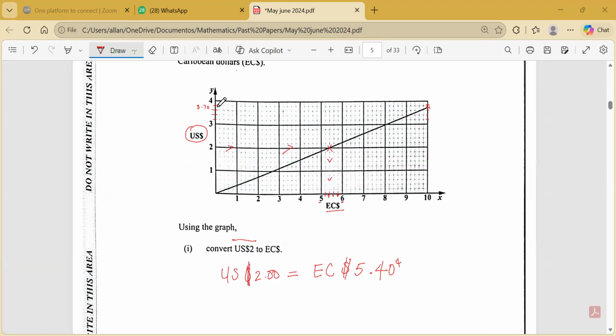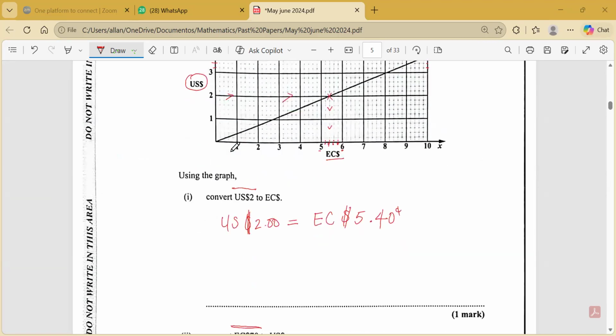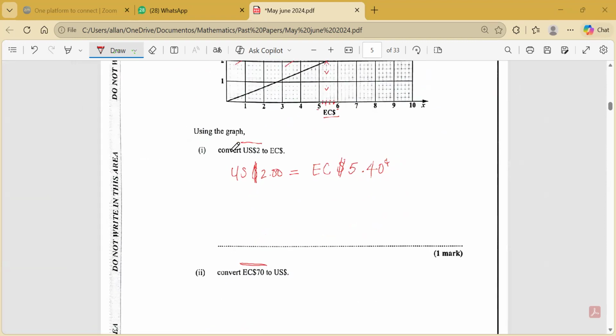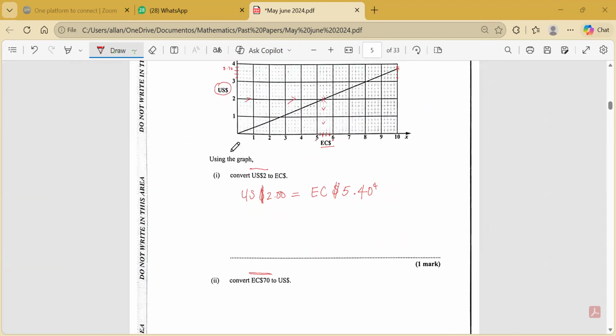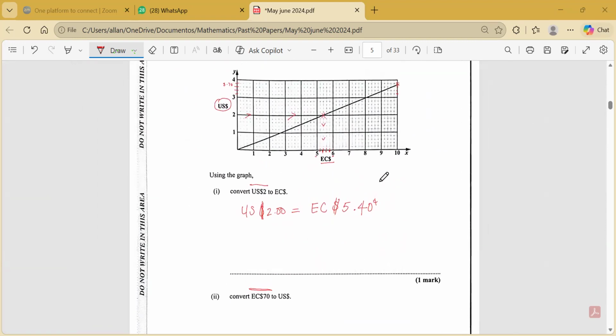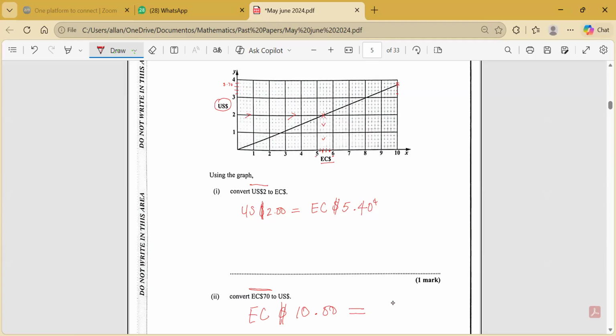With that 3.7, you're going to write in your column that EC $10 is equivalent to US $3.70.